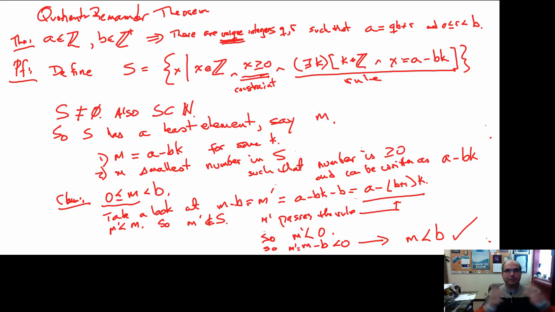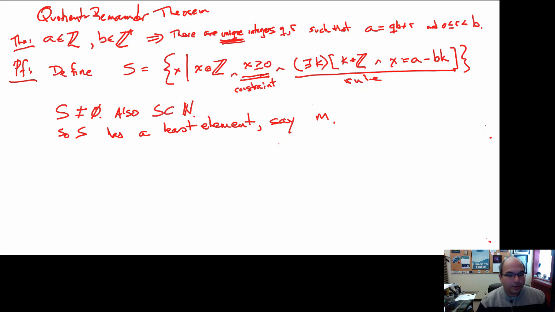So here's what we discovered. We've discovered using this funnily defined set that in fact a can actually be written as x plus bk, right? And in particular it can be written as M plus bk, and M is a number between 0 and b.